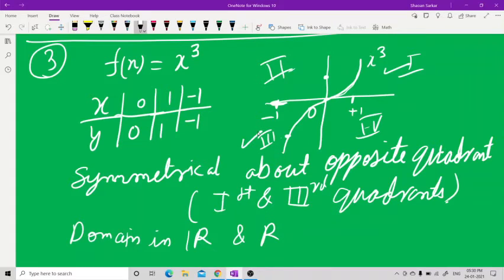It will come like this somewhere. All y values will be taken in this direction as well as in this direction. And all x values. Domain is R, and range is also R.